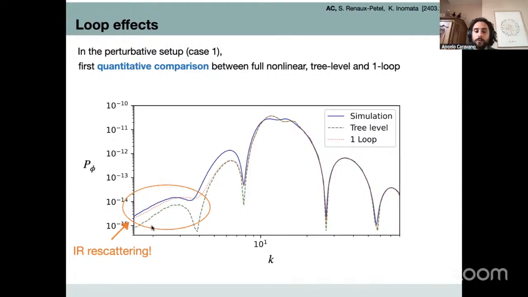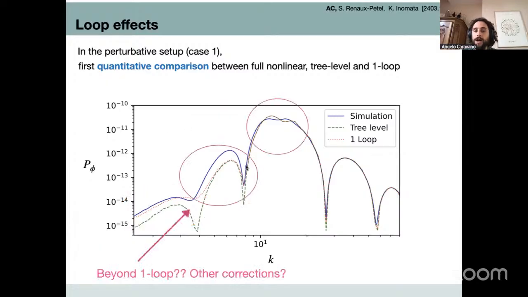Then we can compare what we see with the loop calculation, and we see that the IR tail here, in blue we have the simulation result, and in red we have the one-loop corrected power spectrum, and you will see that in the IR we get a better agreement than with just the tree-level calculation. There are also other effects that seem to point at things beyond one loop, or other corrections, maybe due to the classical nature of the simulation, we don't know, but this is still under investigation.